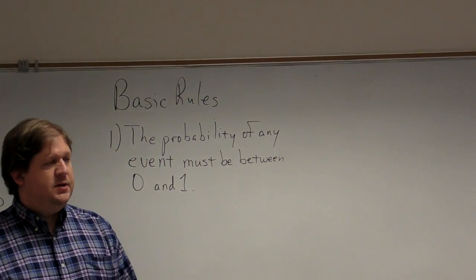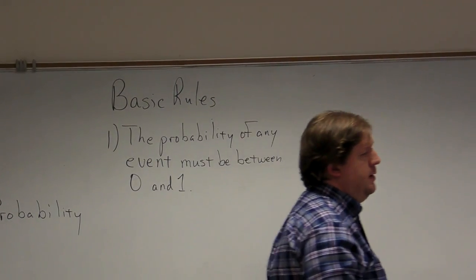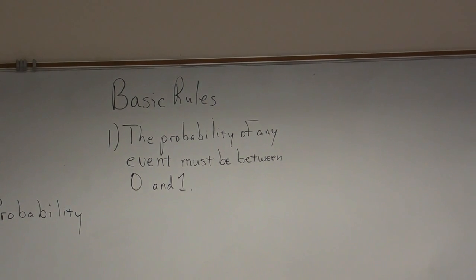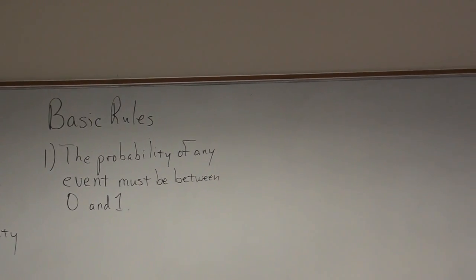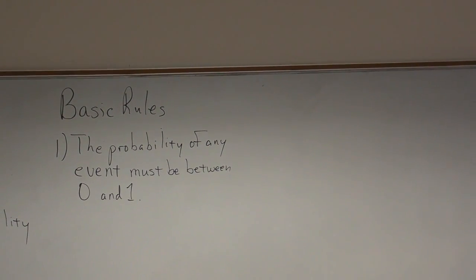The first rule of probability says the probability of a single event must be between 0 and 1, where 0 means it's impossible, 1 means it's the sure thing.